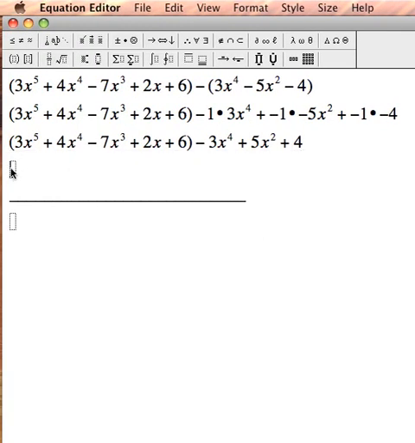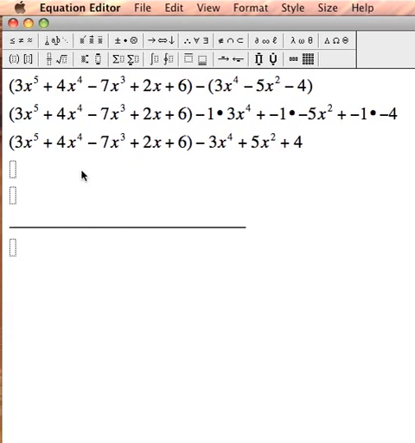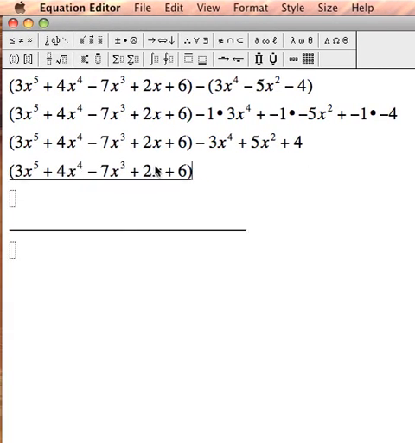And really for just the sake of keeping things similar, I'm going to reform this back as addition now that I've distributed everything. That way it keeps me familiar with adding or subtracting polynomials.